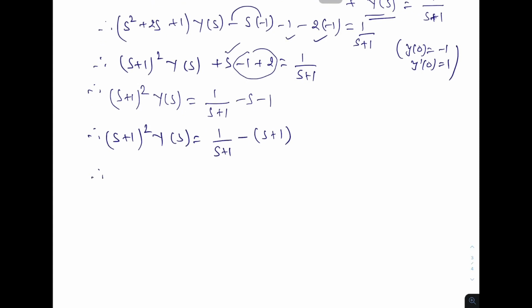Therefore this Y(s) is equal to 1 over s plus 1 cube, minus s plus 1 over s plus 1 square, so minus 1 over s plus 1.